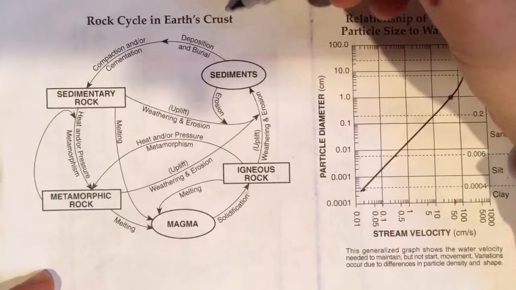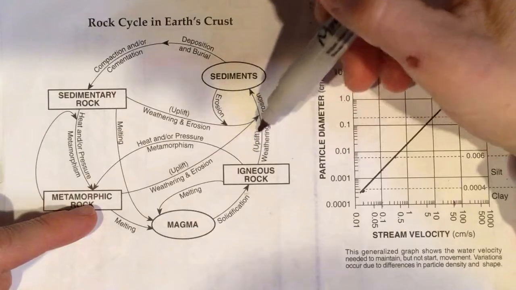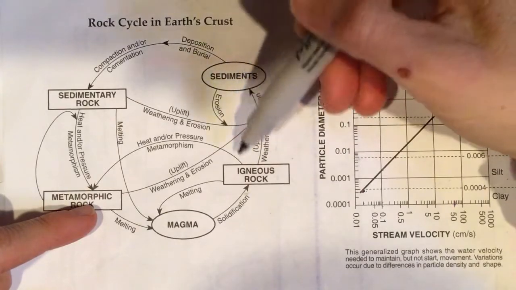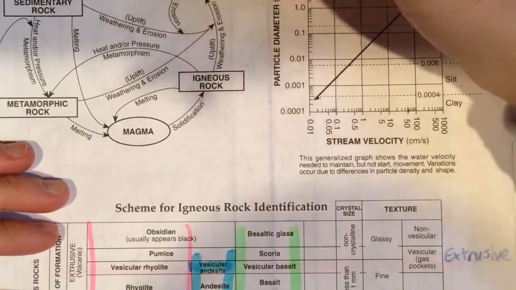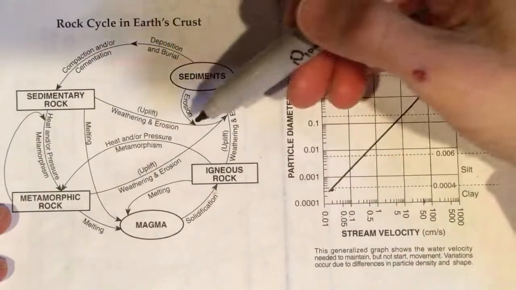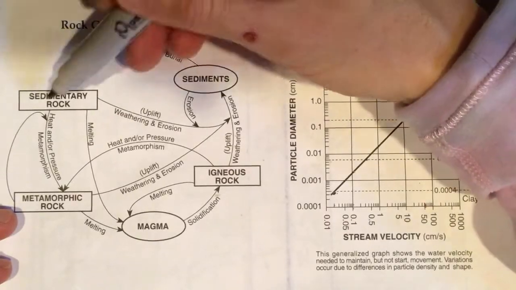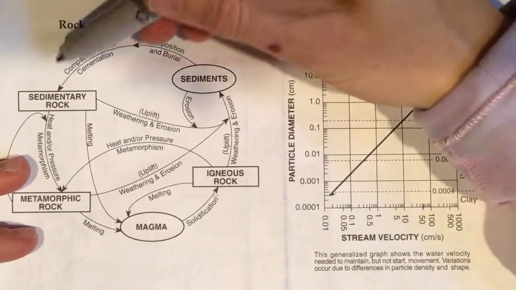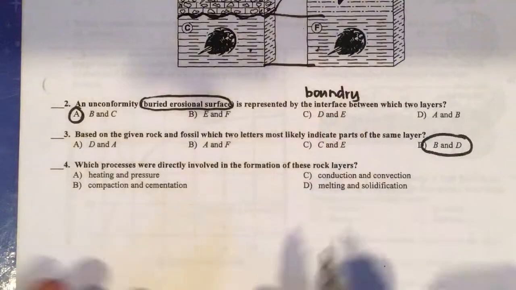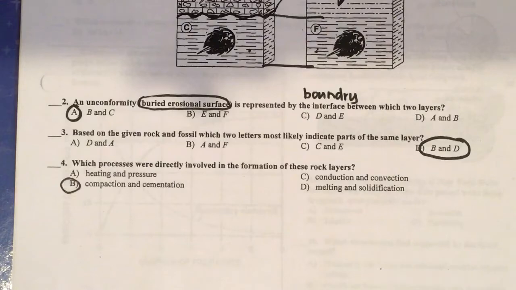Sedimentary rocks form from the arrows that lead into them: weathering, erosion, uplift. Sorry, I spoke a little too soon. Weathering, erosion, uplift of sediments. Then you have deposition and burial, compaction and cementation to the sedimentary rock. So sediments become sedimentary rock through compaction and cementation. So if you go through the answers, compaction and cementation is your answer.